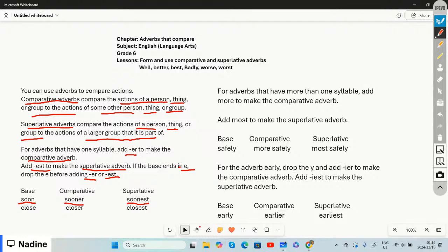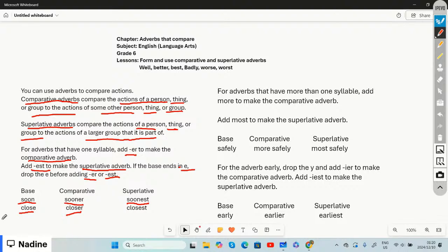And if we look at another adverb, it is close. If we were to identify the comparative adverb that shows the action of a person compared to another person, or the action of a thing compared to another thing, then we can say close is our base word, closer is a comparative if you compare it to another person or thing.